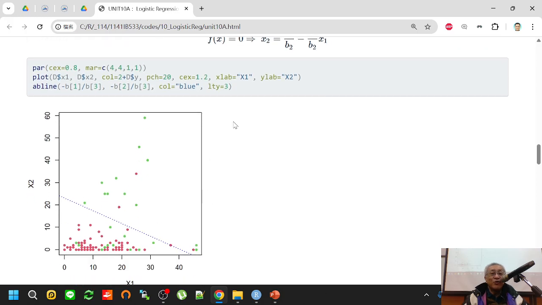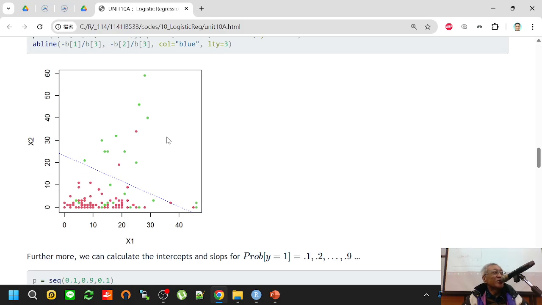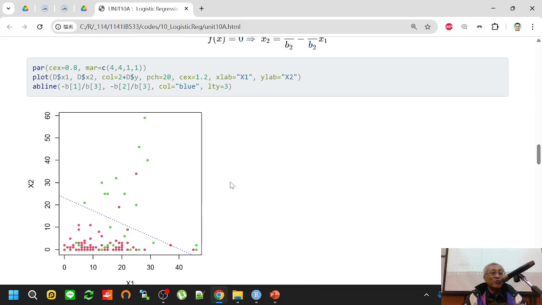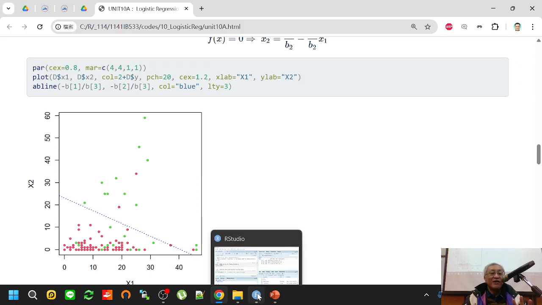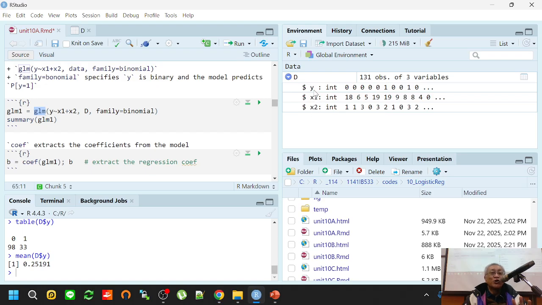I think we don't have too much time to explain the code. When you plot the line, the model is a straight line in the x space, right? Again, here we have only 3 variables: x1, x2, and y.